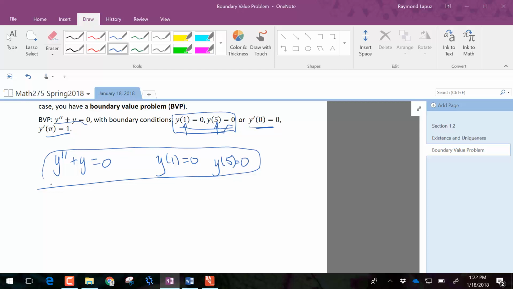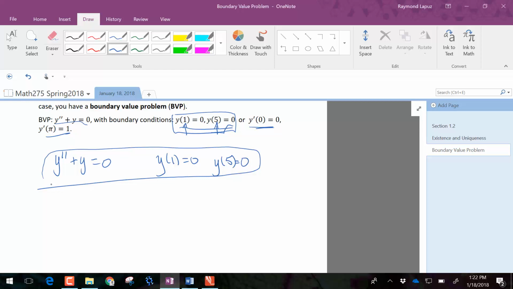It doesn't necessarily apply to boundary value problems. In fact, for boundary value problems, you might be able to find a solution that is not unique. So that already is different from the existence and uniqueness theorem, or you might not be guaranteed a solution even if you satisfy those conditions.